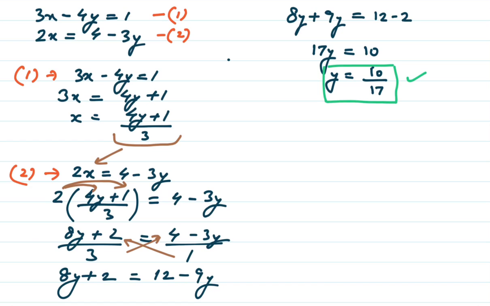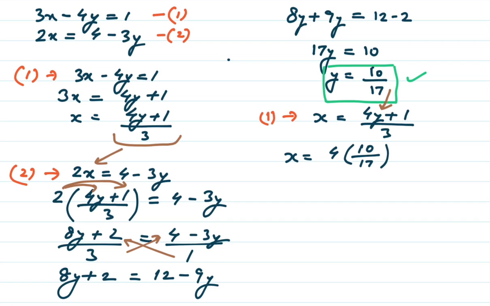I take my first equation, which is now x equals 4y plus 1 over 3, and I'm putting this value of y here in this place, which is going to be then x is equal to 4 times 10 over 17 plus 1 over 3, which is x equals, if you solve this, you're going to get an answer equal to 57 over 17.